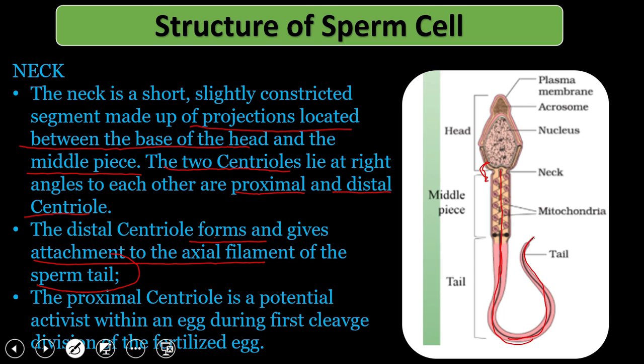So ये distal centriole है, वो axial filaments को अटैचमेंट प्रोवाइड करता है नेक रीजन से। But the proximal centriole actually doesn't have a particular role in the sperm cells, but it has a potential activity within the egg cell during the first cleavage of the fertilized egg cell.